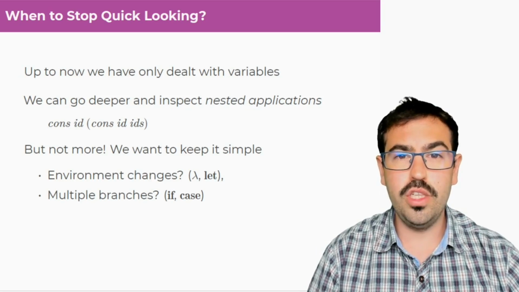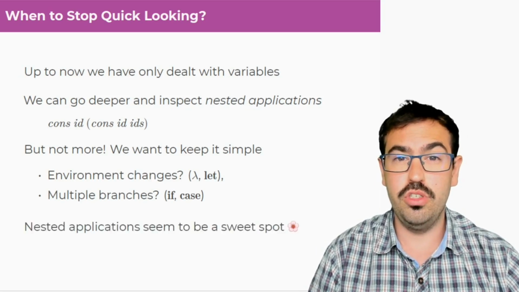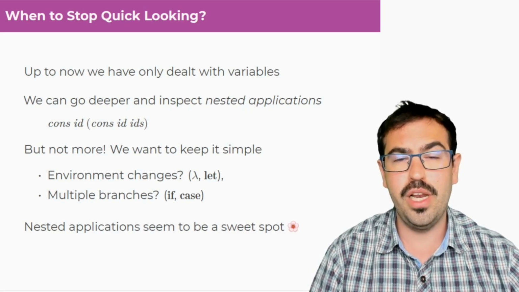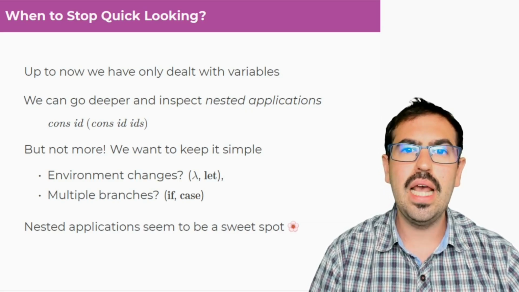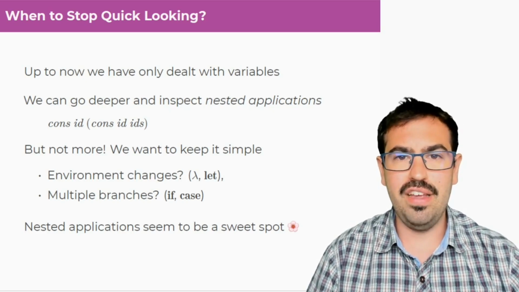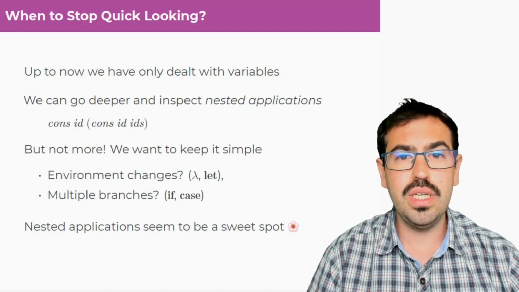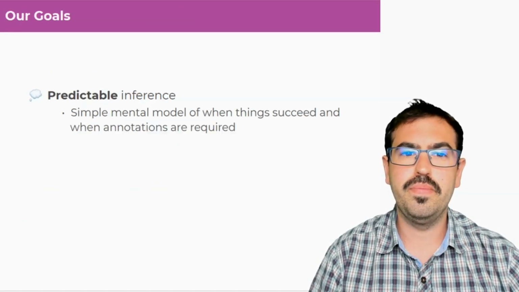So we just really want to keep it simple, and we found that nested application seems to be a sweet spot. So you really gain a lot of information by looking at nested applications. And for the rest of the cases, you often get information pushed by the bidirectional typing mechanism. So this is a sweet spot, as I was saying.